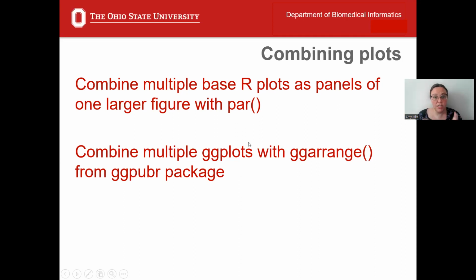If you're using ggplot, look into some of these other packages for grouping ggplots together, such as the ggarrange function from the ggpubr package. This will provide nice ways of putting together your plots into one actual figure.